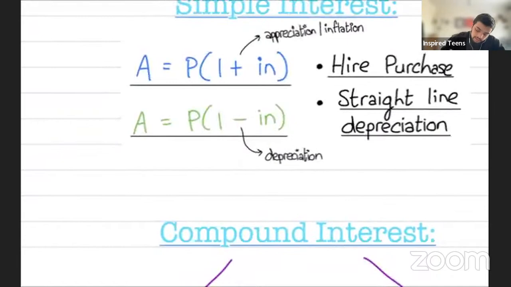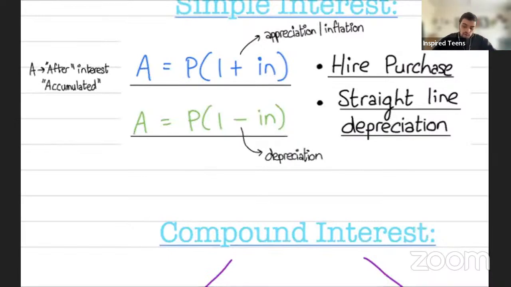Let's discuss our other things. We have A, the after amount, or the accumulated amount. It is basically the amount after interest, after the interest has grown, or depreciated, or increased something.